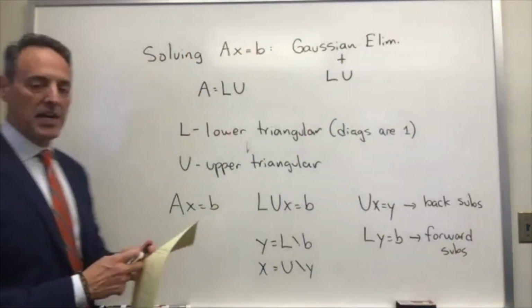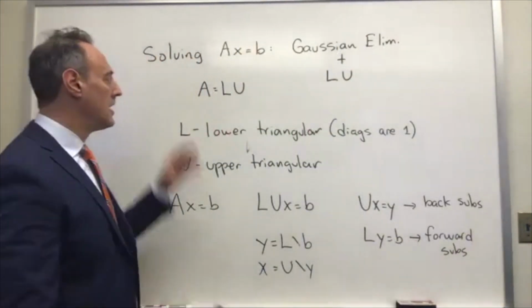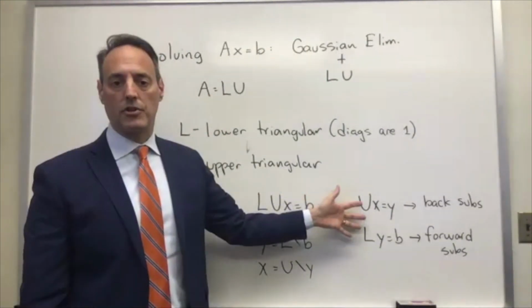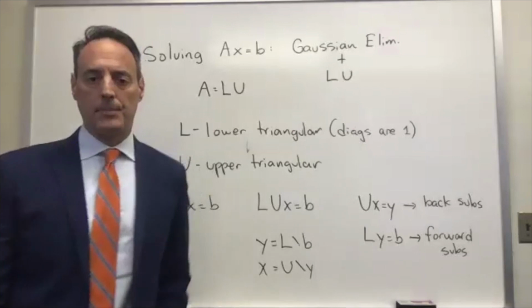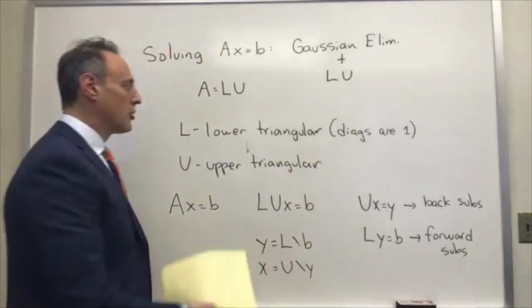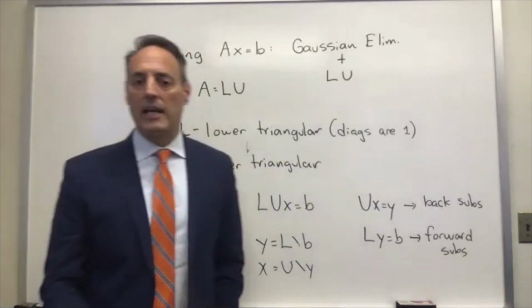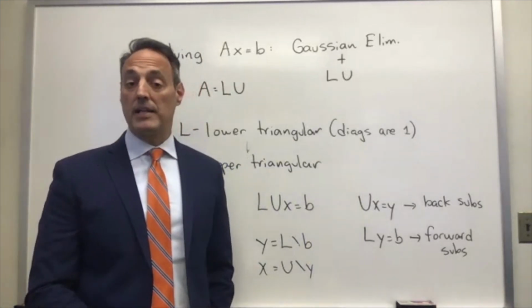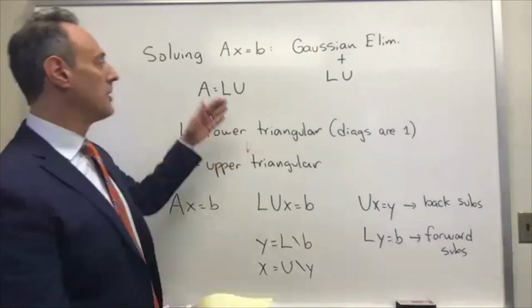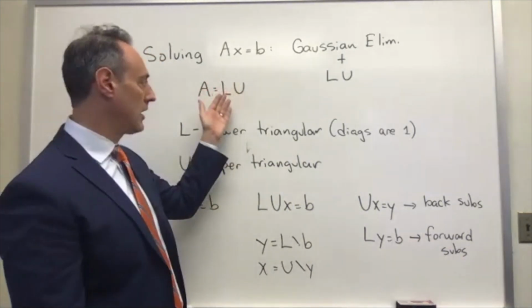Okay, so this is the idea of LU: if I can get this, then I have a faster way to solve Ax = b. And the way to get this LU decomposition, as I'm going to show you in a minute, looks a lot like Gaussian elimination. Normally, as we go through Gaussian elimination, we don't keep track of constructing this LU.